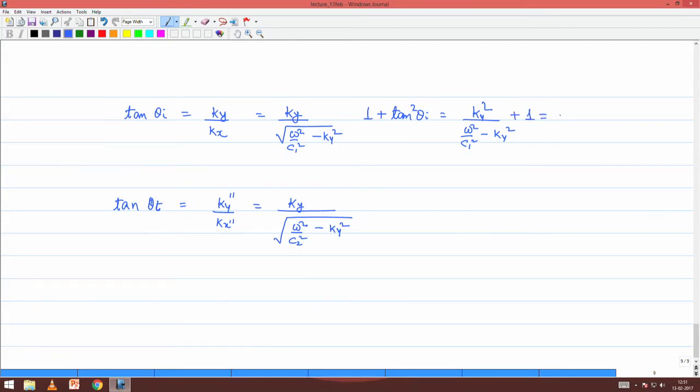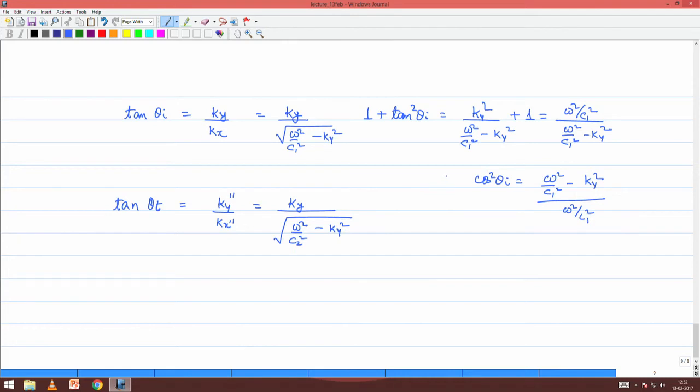So, that will become omega square by c 1 square divided by omega square by c 1 square minus k y square. So, cos square theta would be omega square by c 1 square minus k y square divided by omega square by c 1 square.